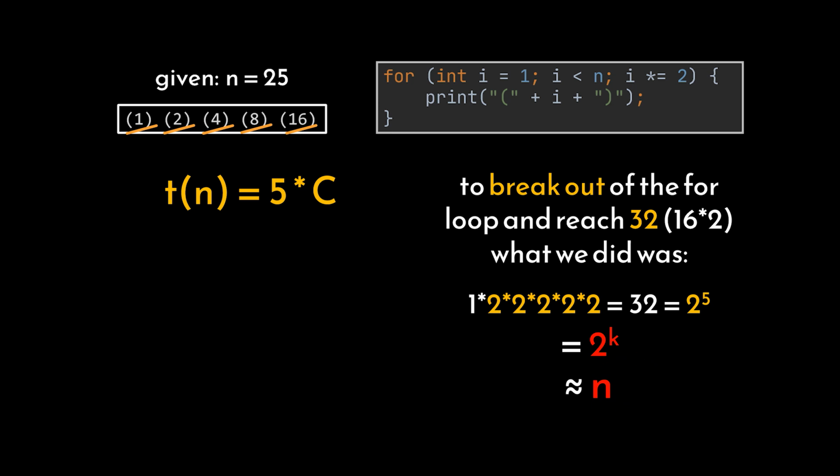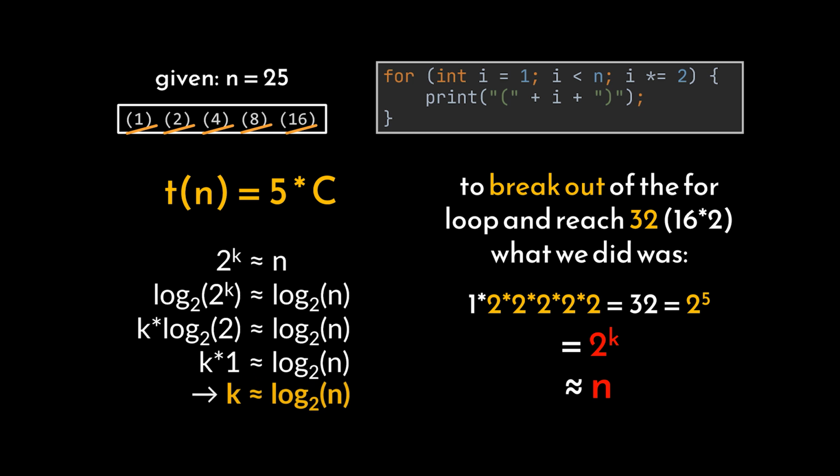You see, 2 to the power k will keep growing until it reaches n, or until it is slightly bigger than n. So, you can say that approximately in its worst case, 2 to the power k will be equal to n, right? Having this formula, we can wrap both sides by log base 2. The power k can come to the side, and knowing that log base 2 of 2 is equal to 1, we deduce that k is equal to log base 2 of n.